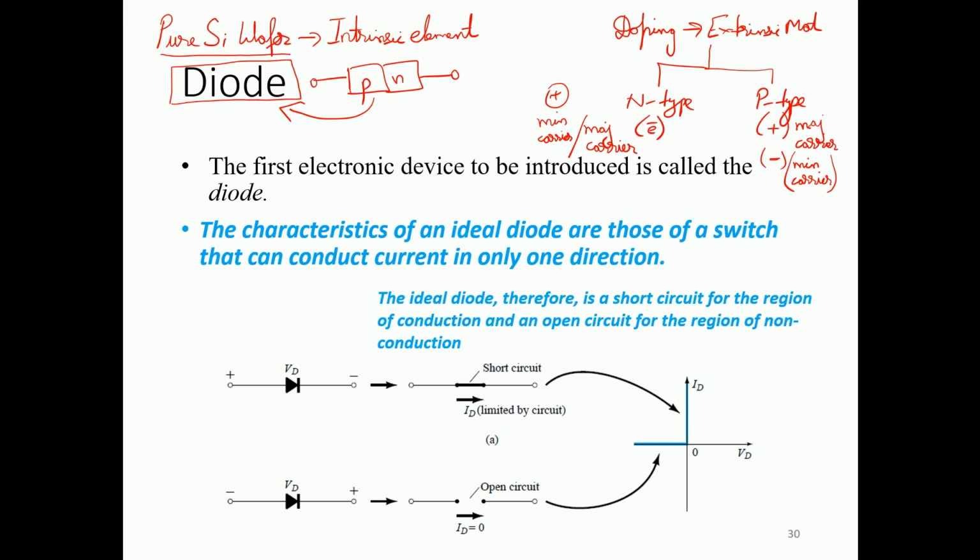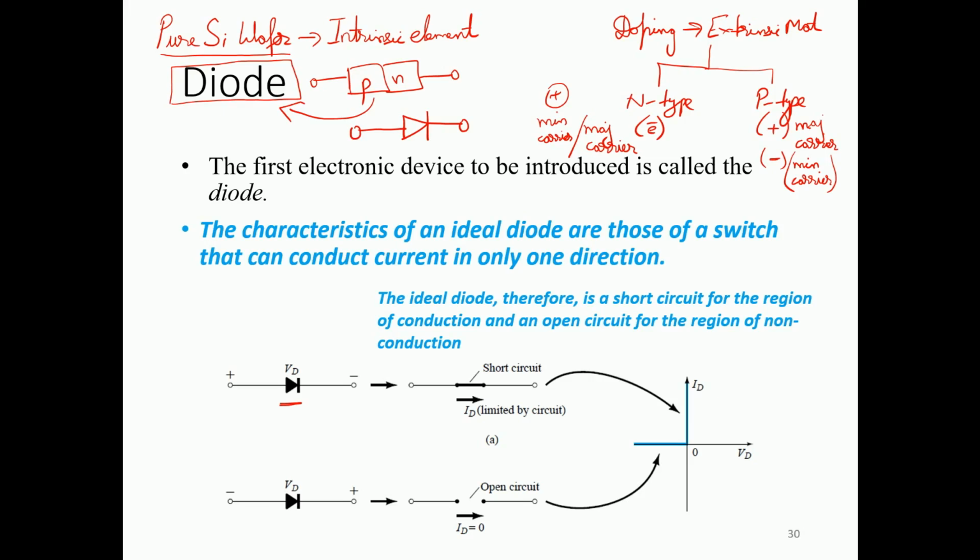A diode is basically represented by this symbol over here. Diode is represented by a triangular sign, and then we have a vertical line followed by the second terminal. So this is the first terminal and this is the second terminal. What are the characteristics of this diode?